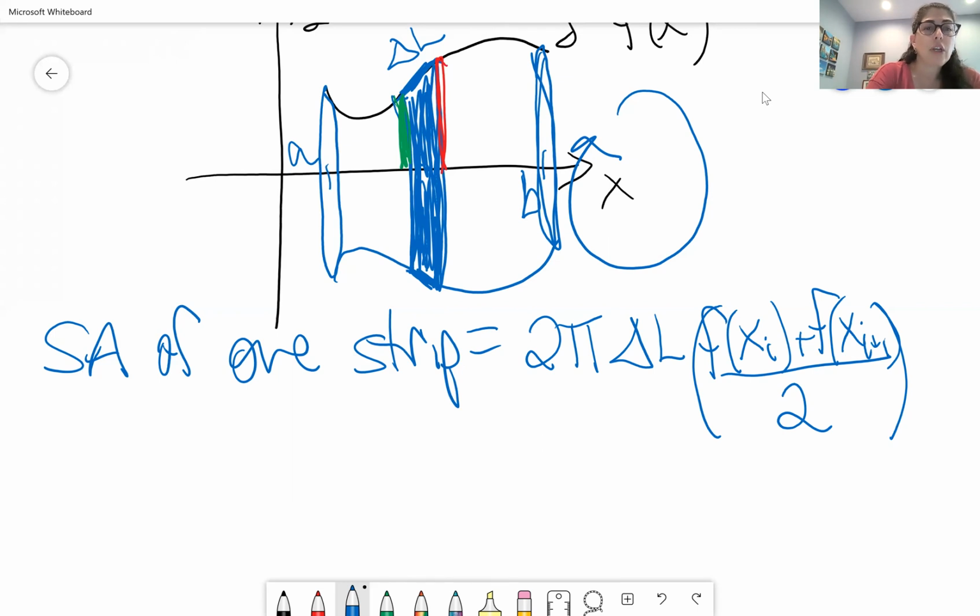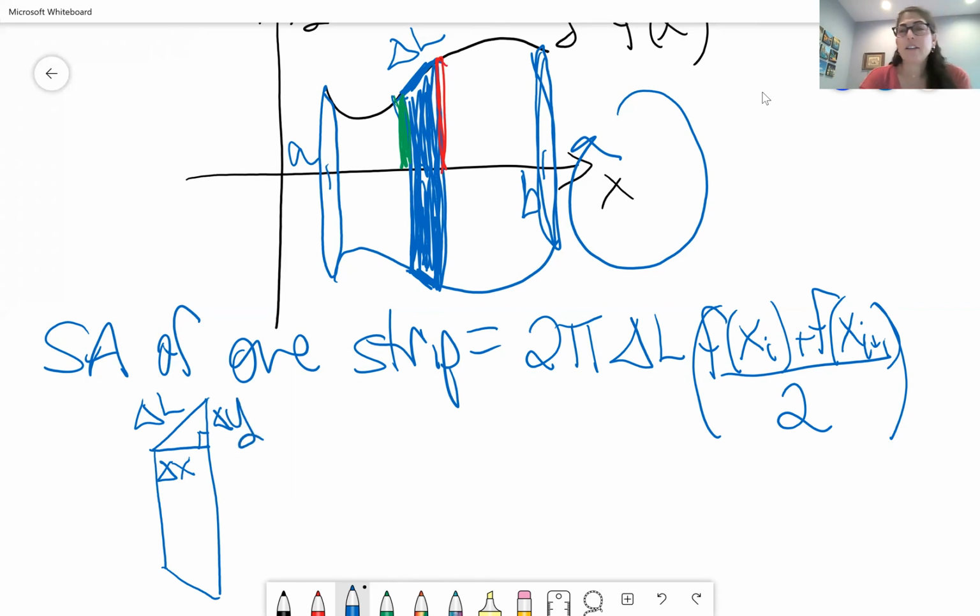Let me redraw that little tiny frustum here. This is delta L. I want my sum to become an integral, so I have to do things in terms of x and y, not this other variable L. This is delta x, and this is delta y. Do you see that little right triangle?